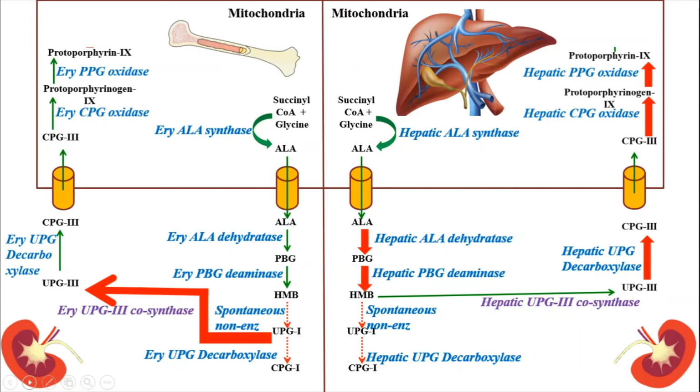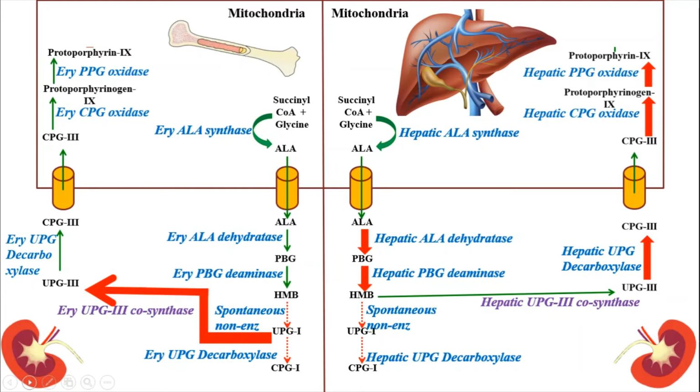The documented disease here is variegate porphyria or porphyria variegata, in which again hepatic PPG oxidase enzyme is either deficient or defective, resulting in accumulation of protoporphyrinogen 9 in hepatocyte. Then they will come into systemic circulation, create clinical manifestation due to overaccumulation, and finally be excreted in urine.